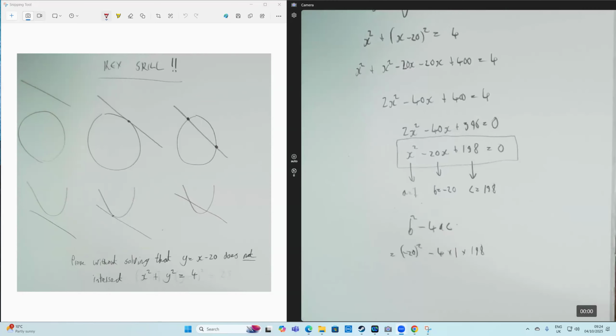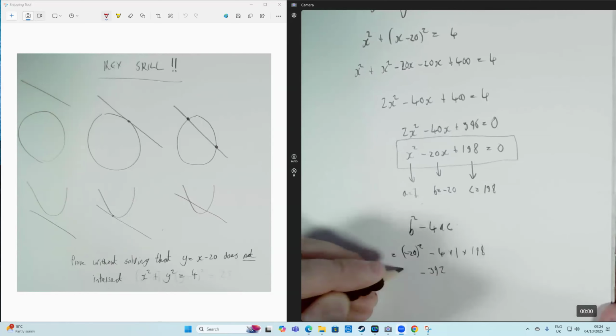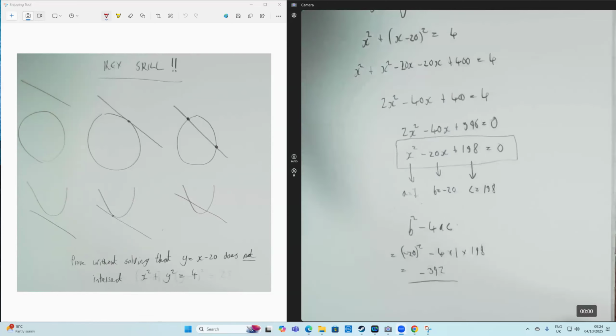Let's evaluate this now: 20 squared, take away 4 times 1 times 198, gives me minus 392.